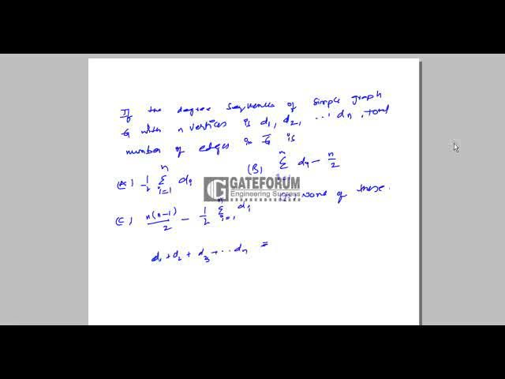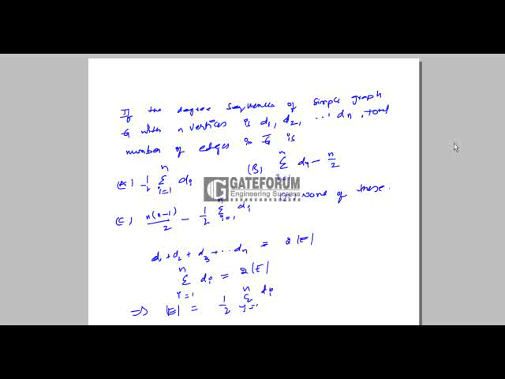For the graph with n vertices this is equal to 2 into number of edges. This is nothing but sigma i equal to 1 to n di is equal to 2 into number of edges. So number of edges is given by 1 by 2 into sigma i equal to 1 to n di.